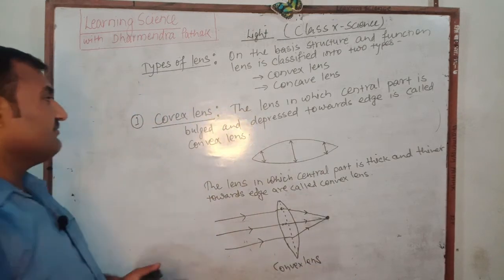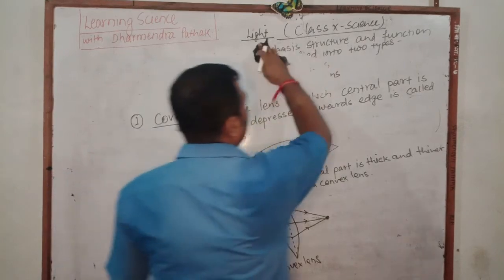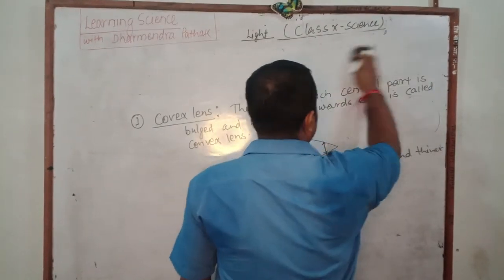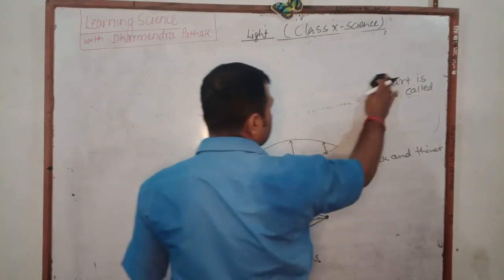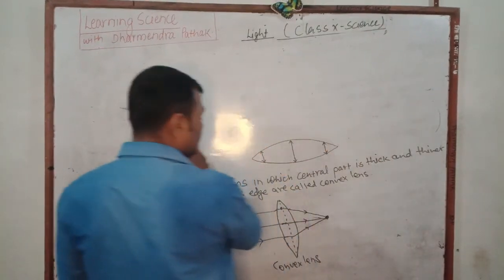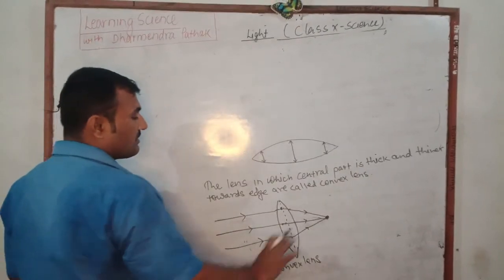We can define it as the converging power of the lens: when a parallel beam of light is passed through the convex lens, it converges at a single point, therefore it is called convex lens.